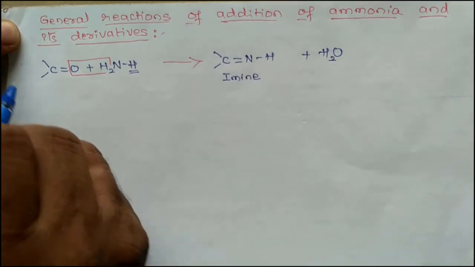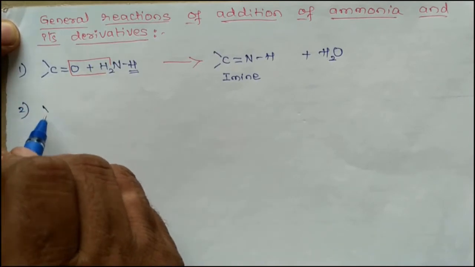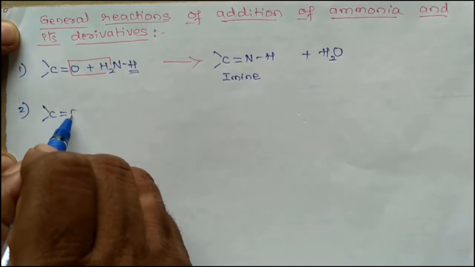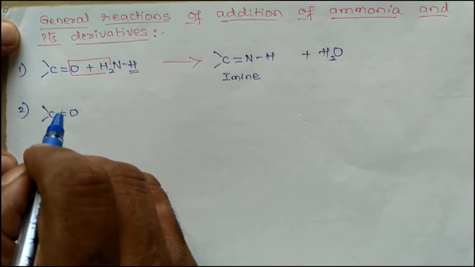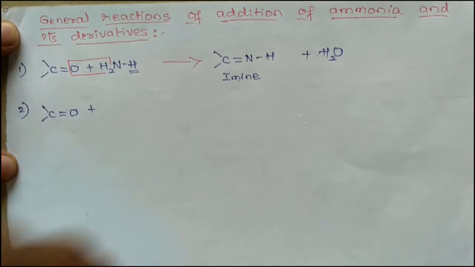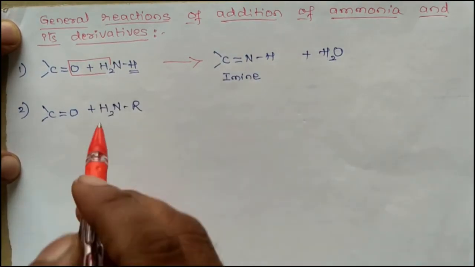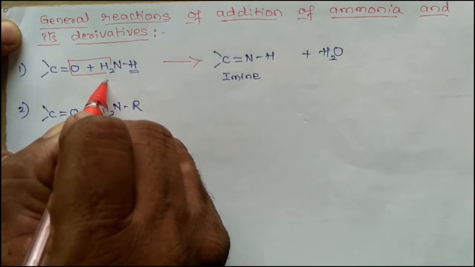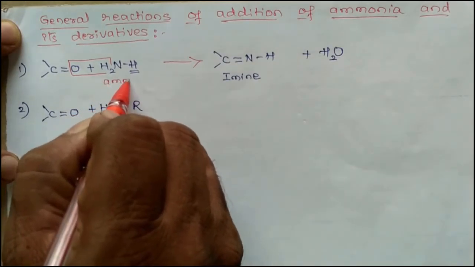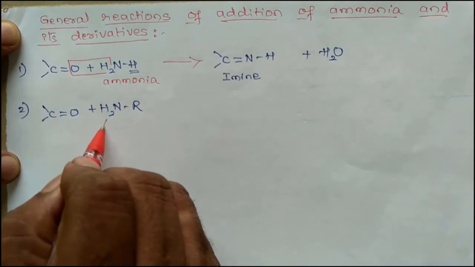This is ammonia. Then the second reaction: the carbonyl compound, aldehyde or ketone, reacts with amine, H2NR. This is ammonia, and this is amine.